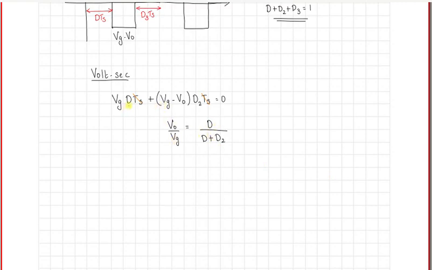Vg times d plus d2 will come, so it is d plus d2 divided by d2.